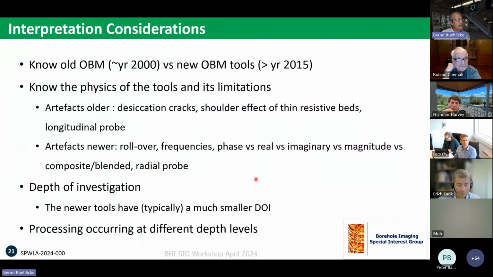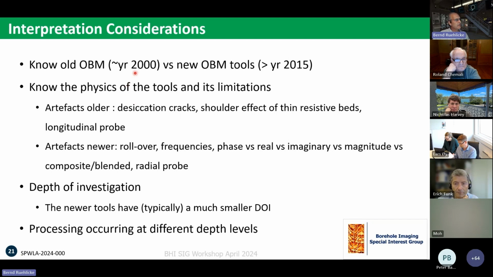So the final result in consideration and interpretation, which we can share here with the team, is that you know the difference between what we call old OBMI tools and the newer generation. And what I mean by this is the tools which came around year 2000 and the tools which came around, correct me if I'm wrong, 2015 in this area, plus minus a year or so.